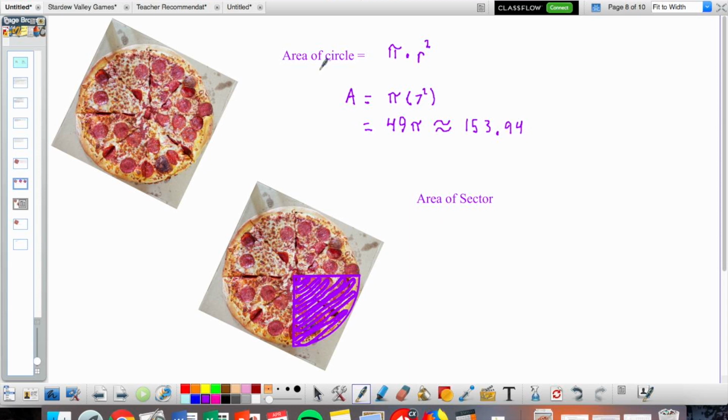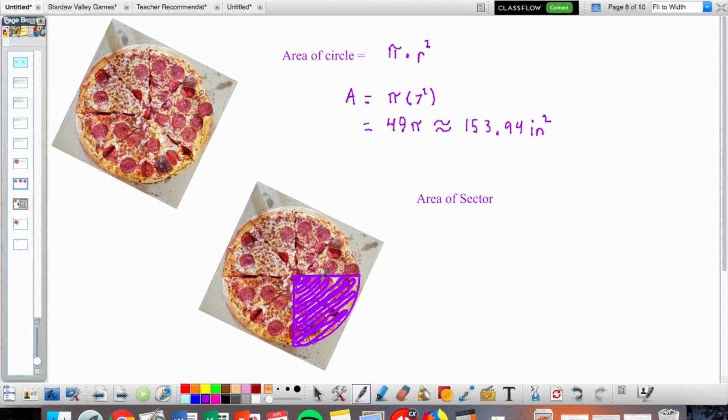Can't forget though that this is area. Should always include our units. So this is inches squared. So that's how many square inches a Little Caesars pizza is.